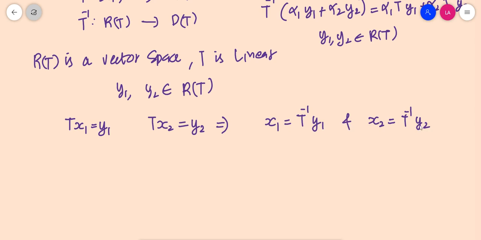So now we have to prove that T inverse is a linear transformation, that is, that it satisfies this property. That's what we have to prove.